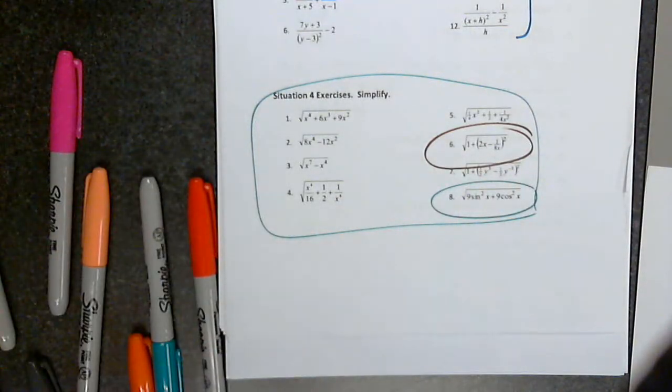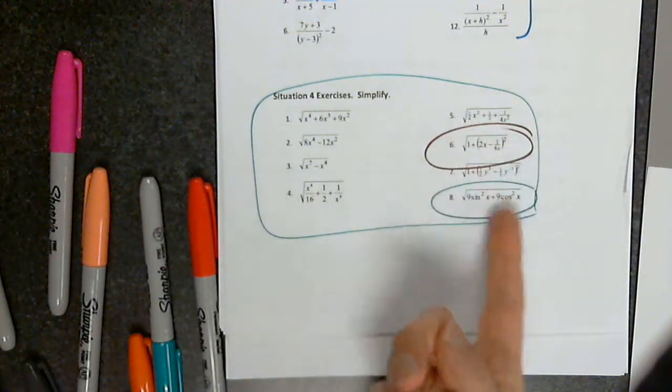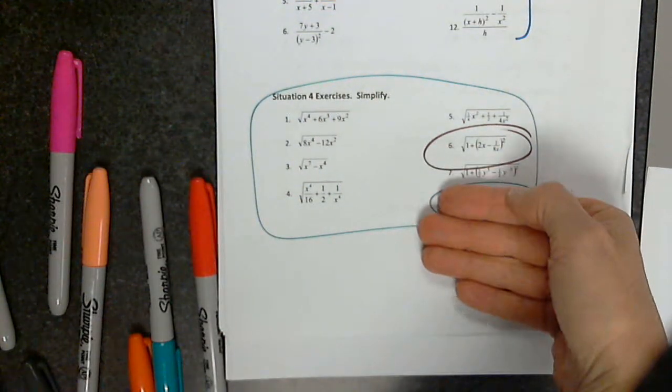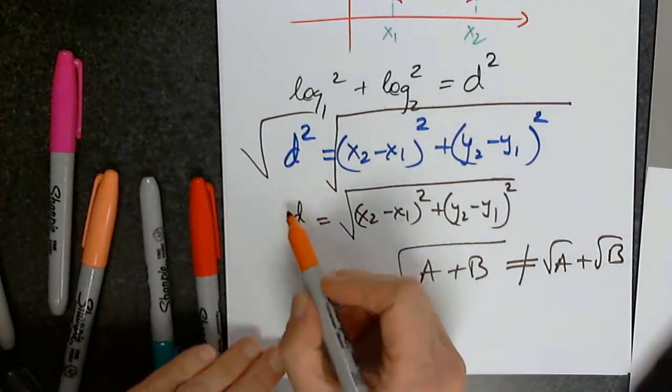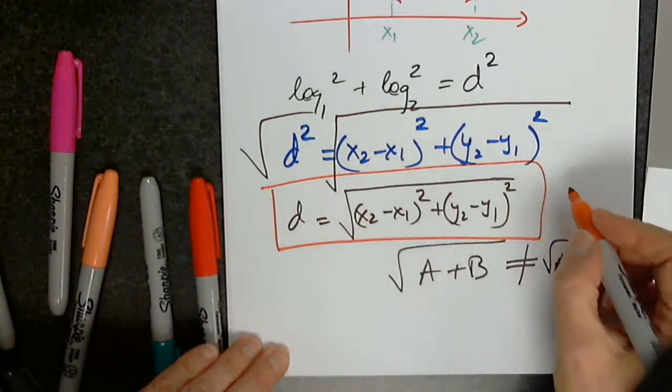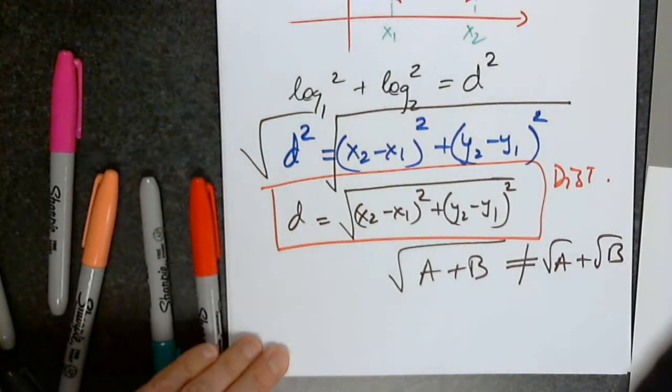We cannot break the radical into two radicals if the radicand is a sum or a difference. We can break it if it's a product. We can break it if it's a ratio, but not if it's a sum or a difference. That's why we never did that here, right? So this is the distance formula. That's how we remember it, and it's done. So that's the distance formula.